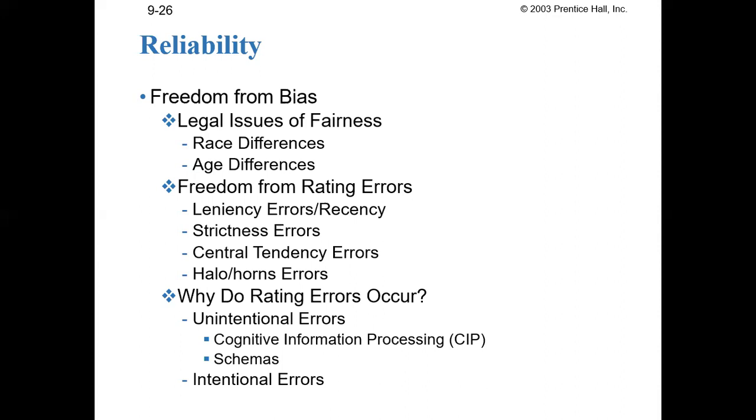And then we have what? Central tendency. That is, it reflects that a manager rates all employees in the middle of the scale. So it's like he's made up his mind, everybody has to be within this middle range, the median sort of. And so no matter how you perform, you are all in the middle some way, somehow.